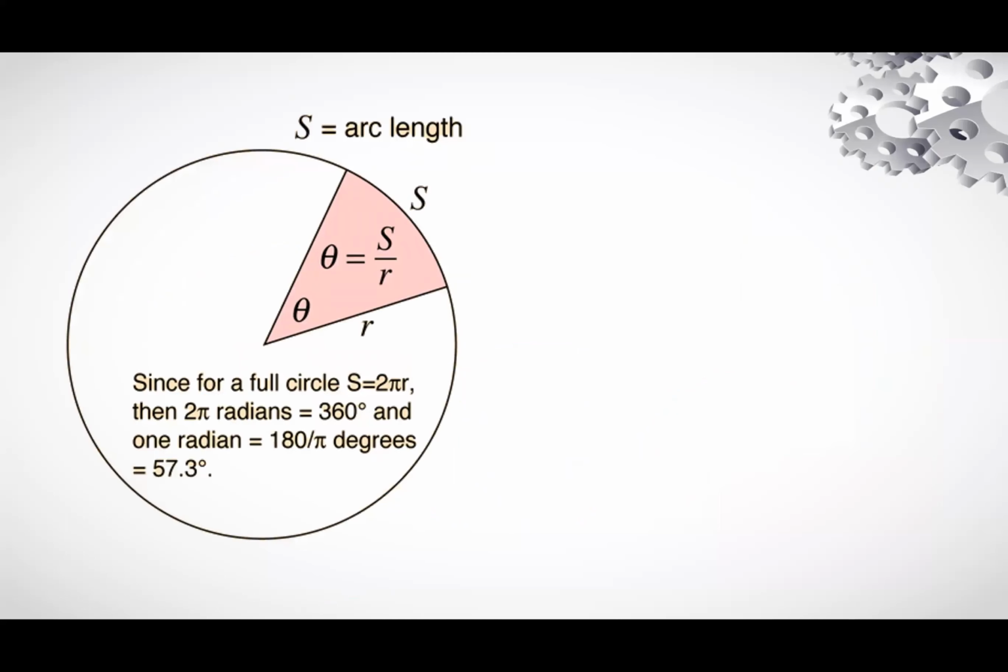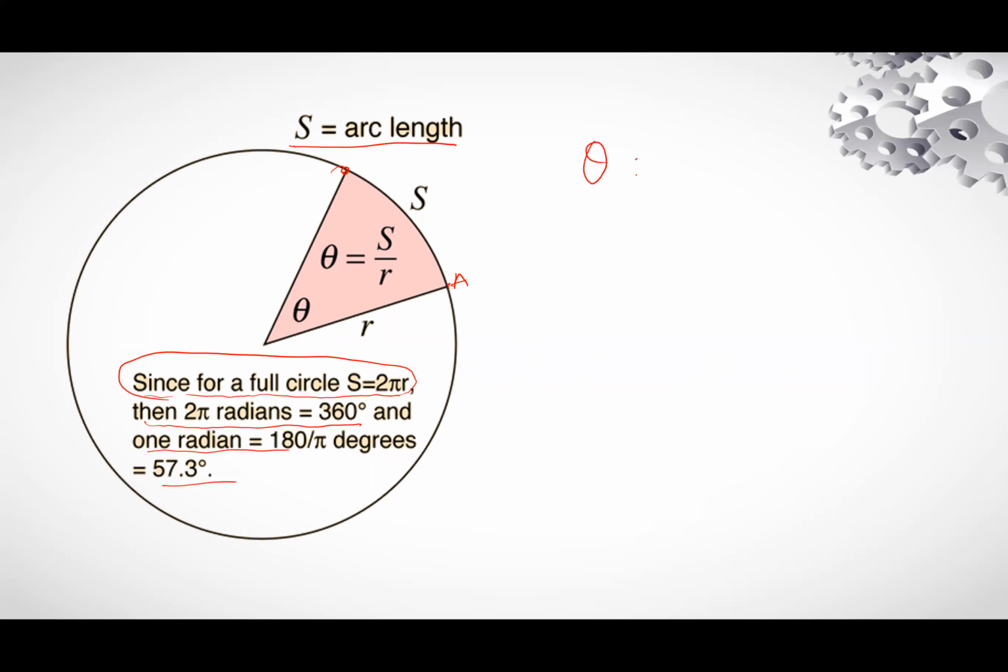Now, S is the arc length between point A and point B. For a full circle, the circumference is equal to 2 pi r. Then 2 pi radian is equal to 360 degrees, and 1 radian is equal to, this is the derivation.